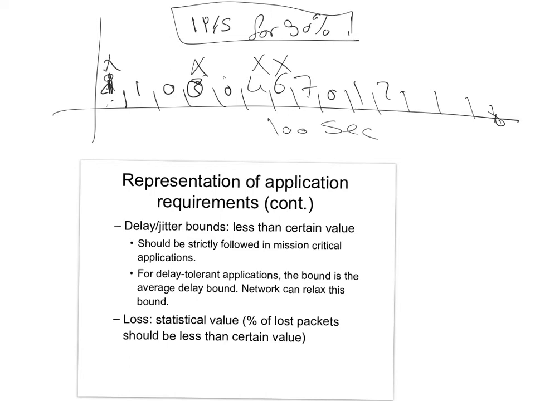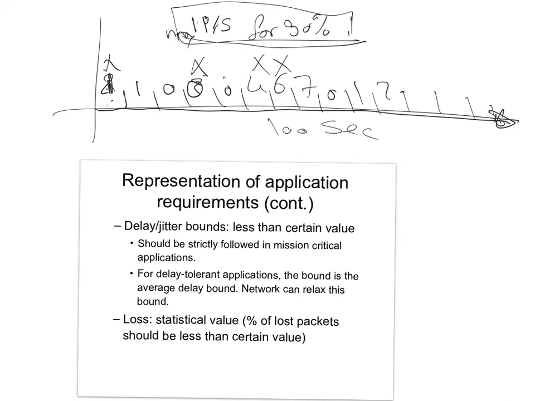Okay, so as we said, we have a 100 second time horizon. The whole time horizon is 100 seconds. And this is the quality of service that we have: at maximum, 1 packet per second, 90% of the time.